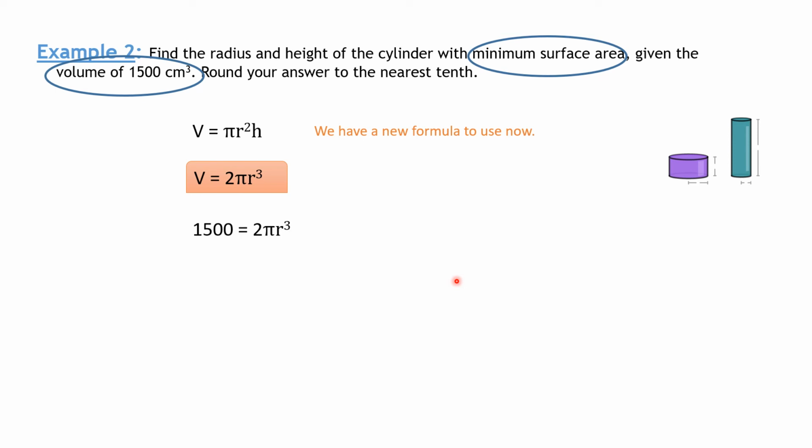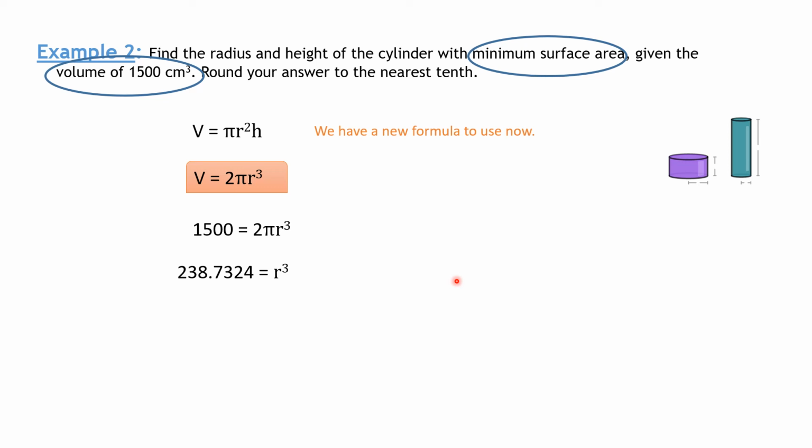Subbing in the 1500, we have 1500 equals 2 pi r cubed. And I'm going to divide by 2 and by pi at the same time here. Or you can do it on your calculator, and you should get 238.7342 is r cubed.